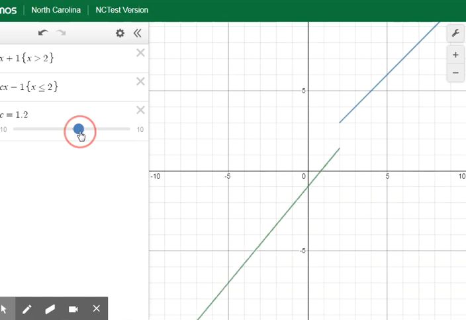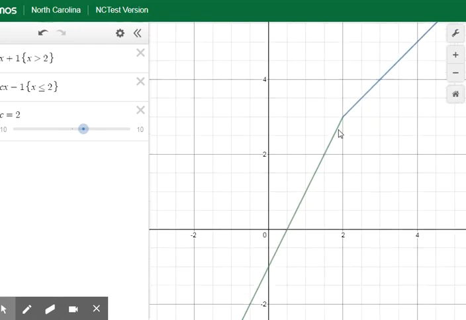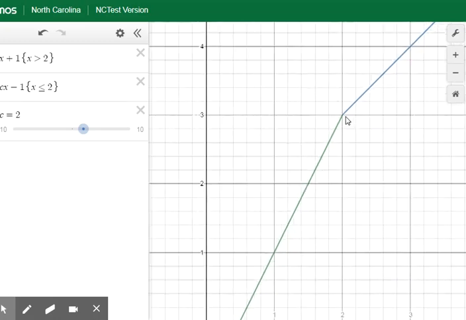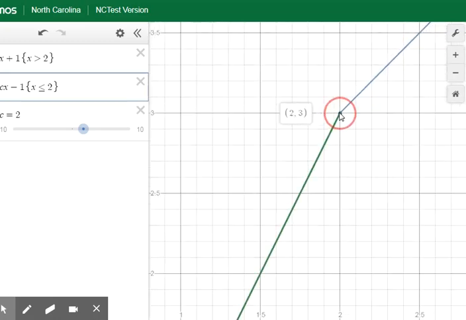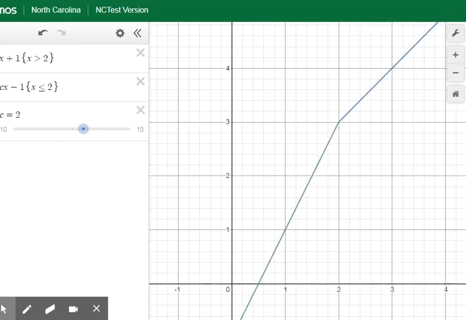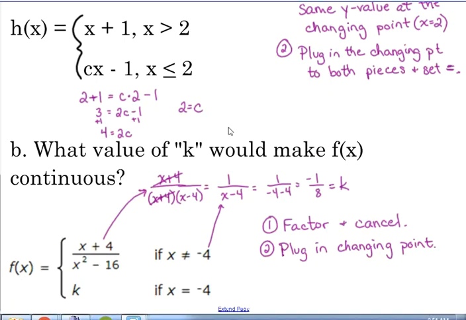You can click this point right here and drag it, and watch the function change as we're changing that slope, and you can work it so that it does meet up at that point. You can make sure that they have the same y value right there. And then it tells you that the c value is 2. So that confirms what we did algebraically.